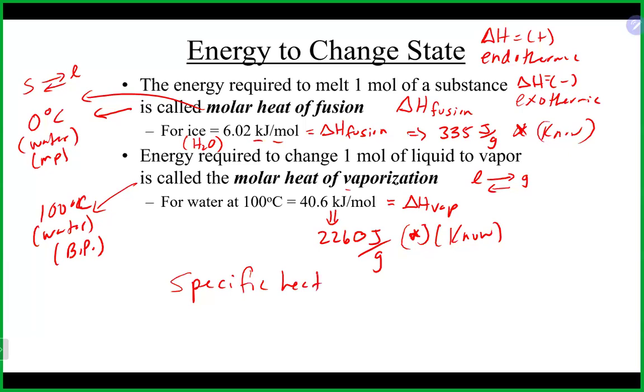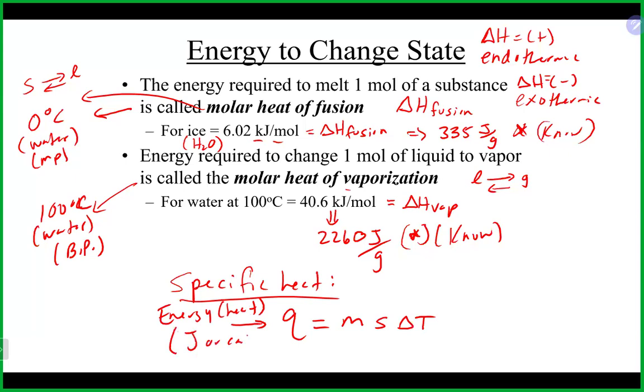If you remember our specific heat equation, Q is equal to m s delta T. Remember that here Q is energy, our heat, and usually the units there are joules or calories. M is the mass, and usually the units there are grams. Delta T is our final minus our initial.